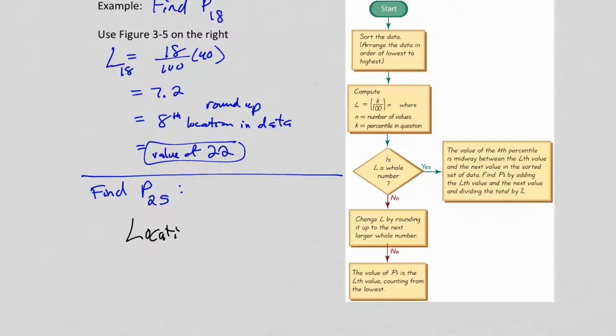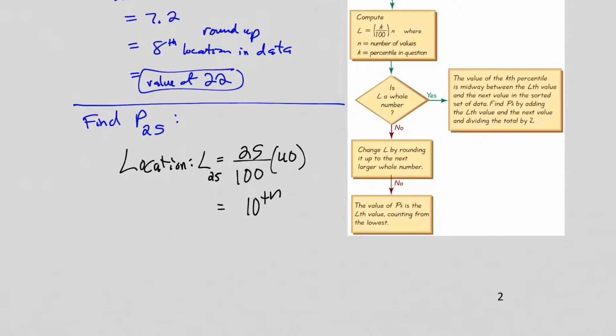Remember the location: the 25th percentile is going to be 25 over 100 times 40, and that's going to give you 10, which means it's the 10th location.